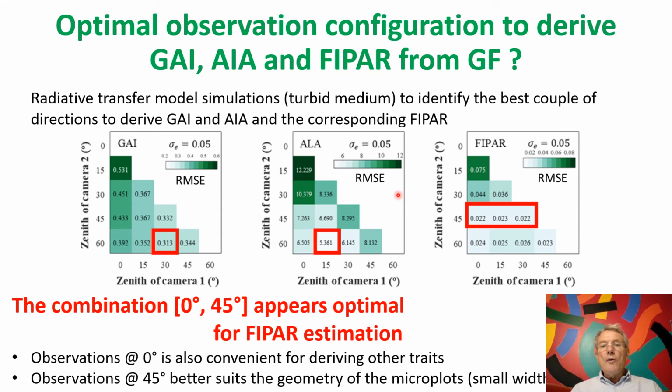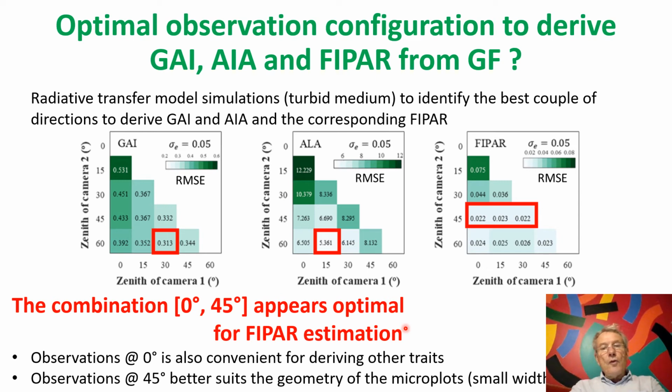But when we are combining the two to estimate the fraction of intercepted radiation, we see that it's much better to get a camera at 0 degree inclination and the other close to 45 degree inclination. So the optimal combination appears to be 0 and 45 degrees to estimate the FIPAR.